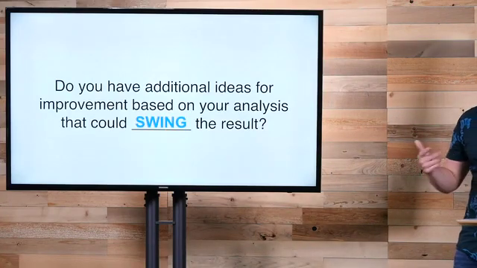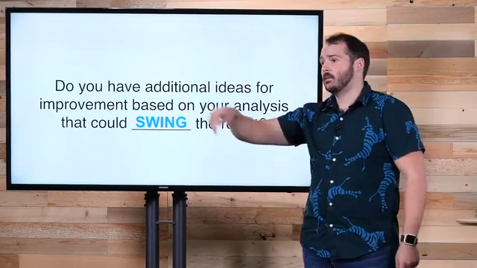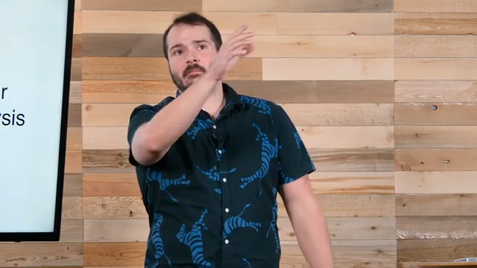So when you're looking at these types of results or these opportunities, because testing is cyclical. You come up with an idea, build it out, try it out, see if it worked or not, make a recommendation and try it again. They should all feed each other, right? Do you have any additional ideas for improvements that could swing it either way? Or if you thought something like, ooh, I'm glad we didn't do that, and you can make note of that.